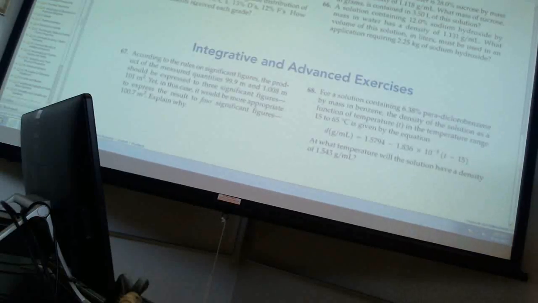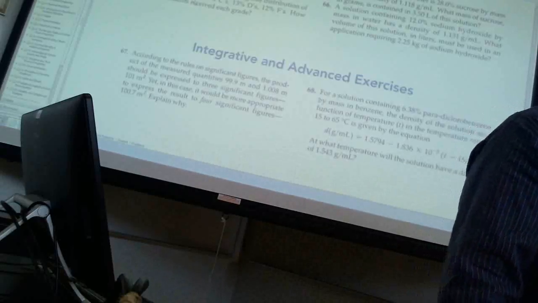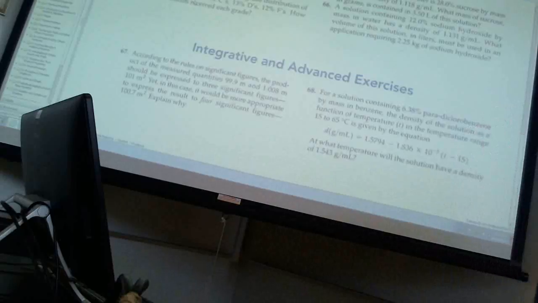What about over here? What is the range of values you might see that would round to 1.008 meters? Yeah, this would be 1.0075 to 1.0084. And just to keep it simple, we'll say plus or minus 0.0005 meters.